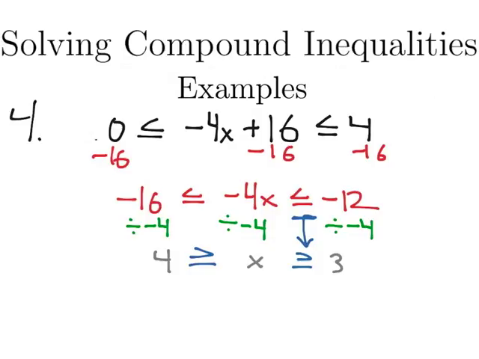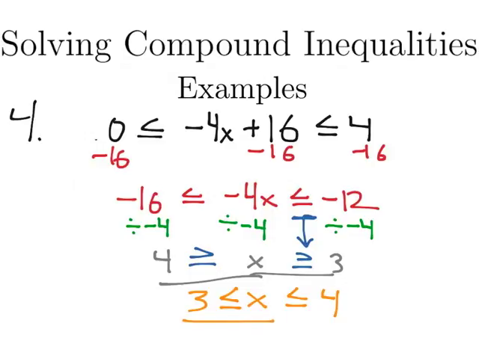I'm just going to reflect everything over. So here, x is less than or equal to 4. If I read this backwards, that's what it says. So x is less than or equal to 4. x is greater than or equal to 3. I only say greater than or equal to in that case because I was reading it kind of backwards.